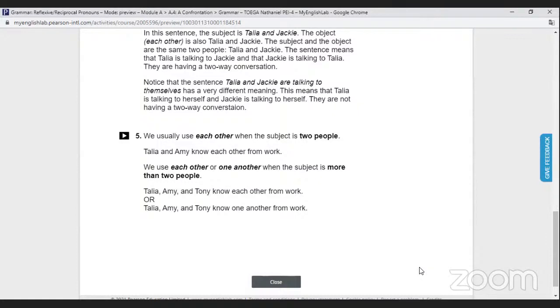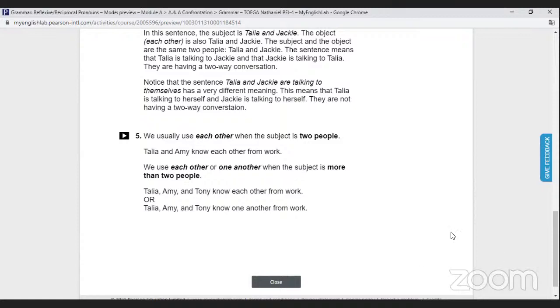Talia and Amy know each other from work. We use each other or one another when the subject is more than two people. Talia, Amy, and Tony know each other from work, or Talia, Amy, and Tony know one another from work.